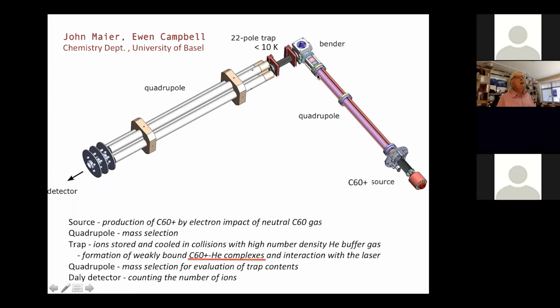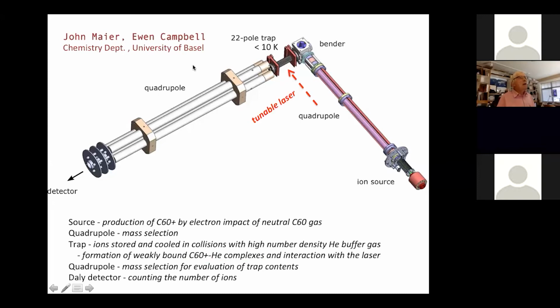They contained that here and selected C60+ for carbon-12 only, and moved it into this region here, where it was flooded with helium buffer gas, which was at a very low temperature, less than 10 degrees Kelvin.